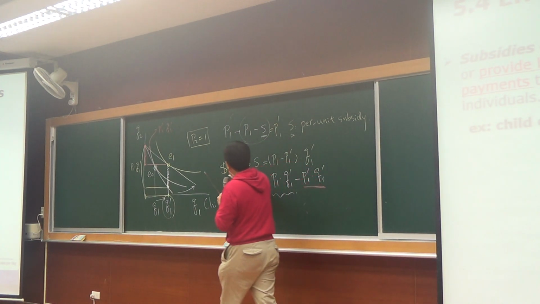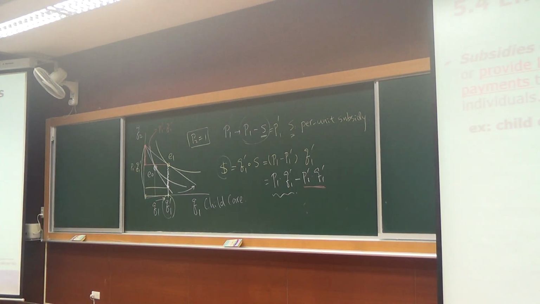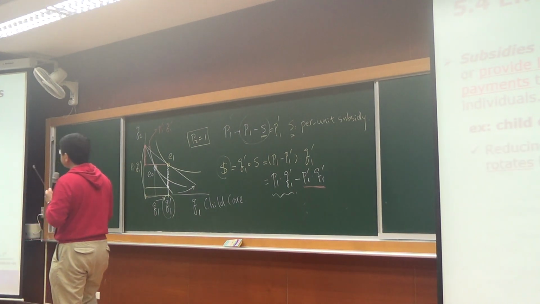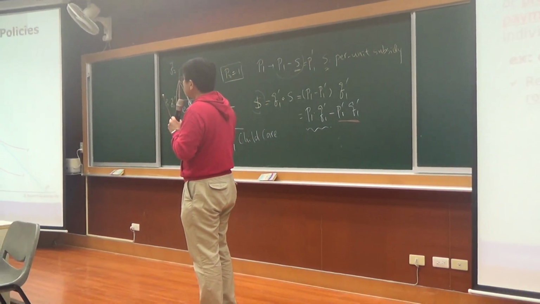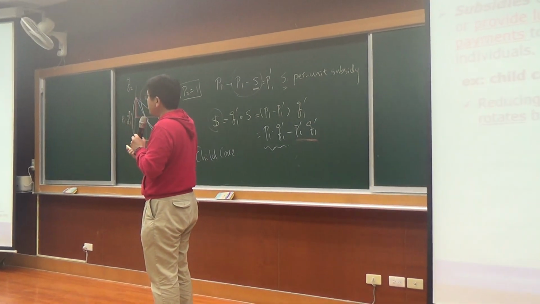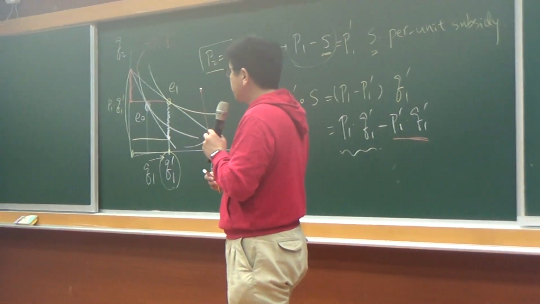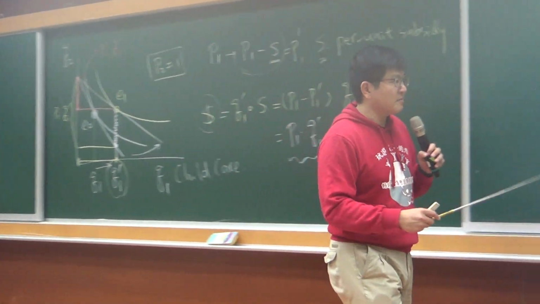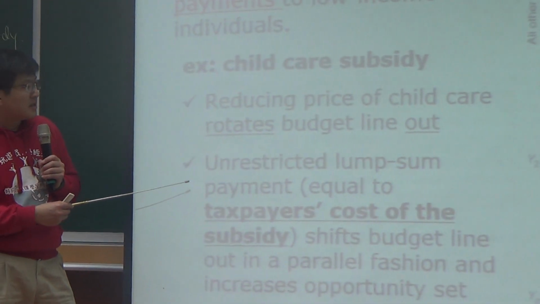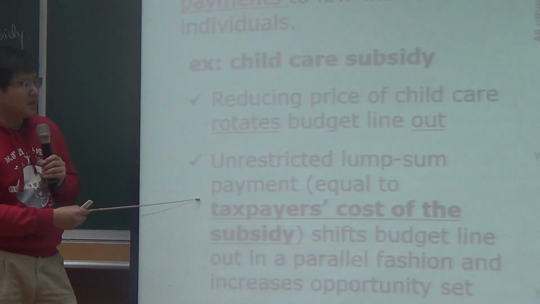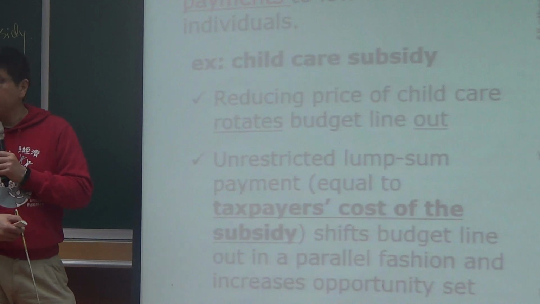All right. So now, if we change the perspective, reducing the price of child care rotates the budget line out, and so if we provide another option, a lump sum payment instead of the subsidy.